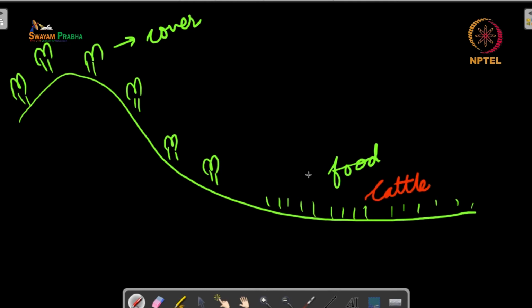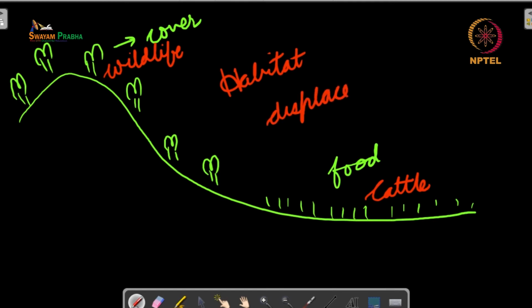And so, slowly and steadily, we will find that all the wildlife is getting accumulated in these hilly areas, and in the plain areas you do not find a single wild animal. Now, this process is known as habitat displacement. That is, you are displacing the wildlife from a position here to a position here.